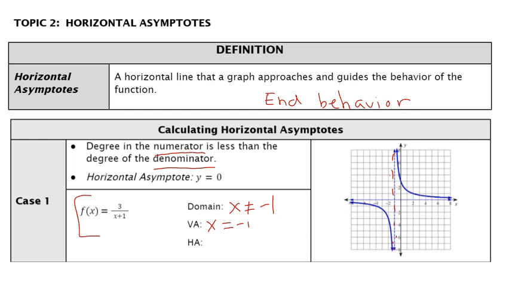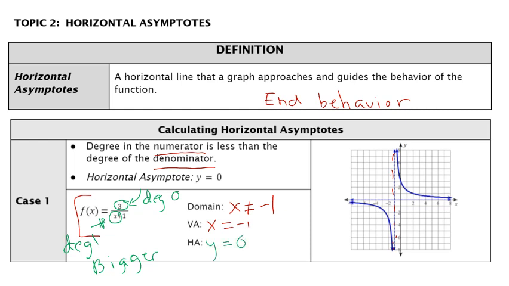The degree of the top: there's no x on the top, so really it's a degree of 0. The bottom has a degree of 1. Since the bottom is bigger, it's always going to go to 0.